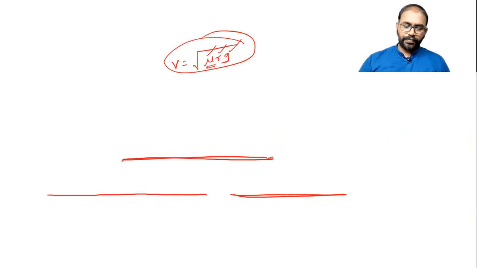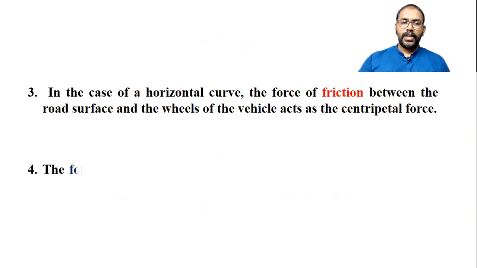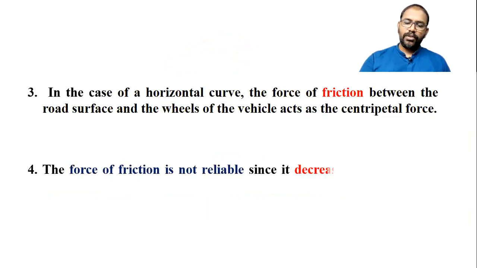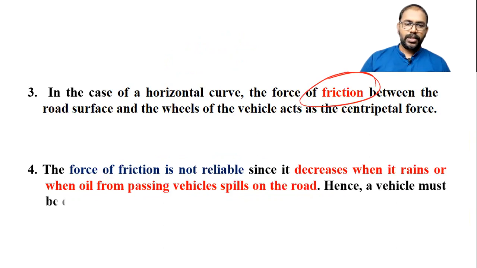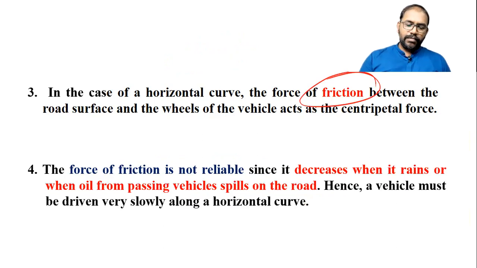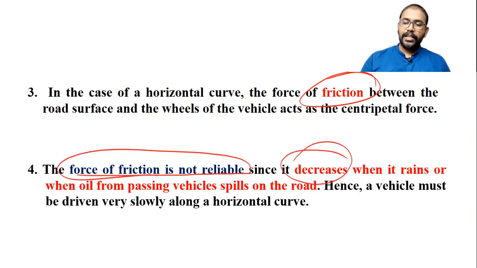Now here, in the case of a horizontal curve road, as we just discussed, friction is providing the centripetal force. The force of friction is not reliable, because it decreases when there is rain, when oil is sprayed on the road, or if the road is smoother; it depends on the condition of the road.